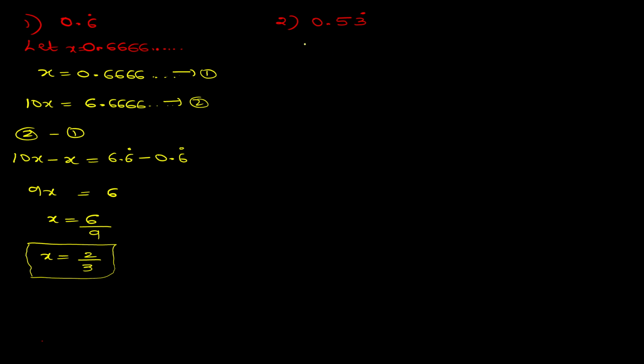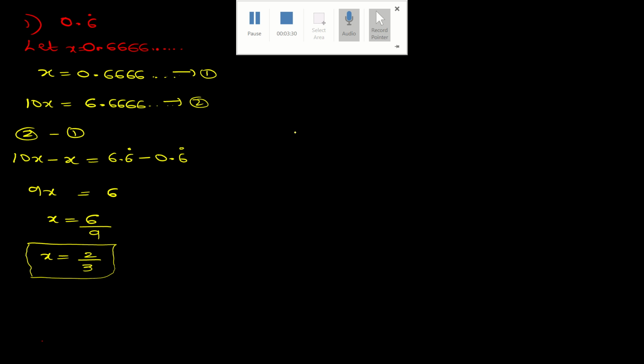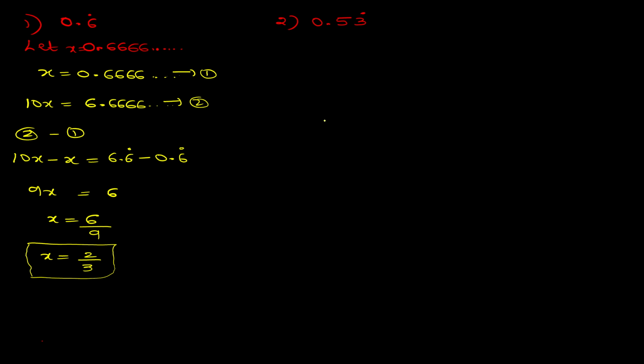Okay, let's take another example. This was a single digit, but here there are 2 digits, where 5 doesn't have a dot but 3 has a dot. So how can you write this? We can write this as x equals 0.5. I'm not going to repeat 5 because 5 doesn't have a dot on the top. It's only 3.